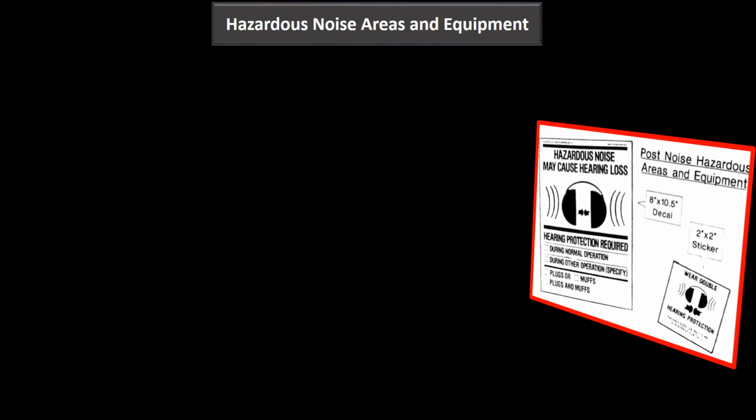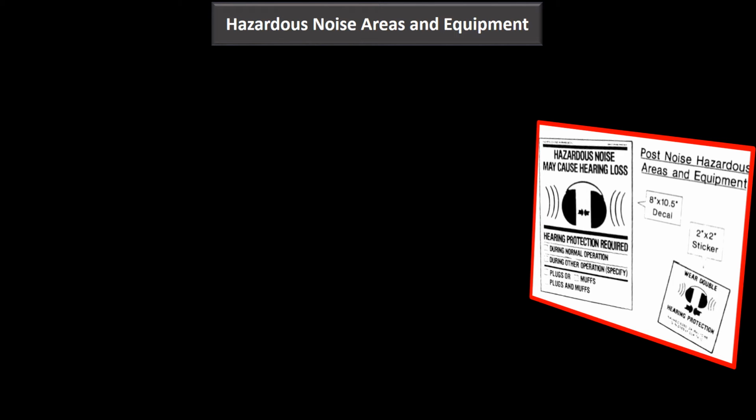When hazardous noise areas are identified, or equipment is identified as causing a hazardous noise, so any of those areas that go above that 84 time-weighted average or meet that 140 peak decibel sound, we've got to appropriately label these areas.